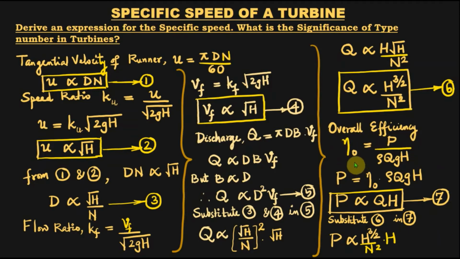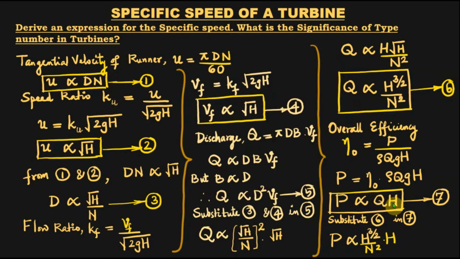See, the overall efficiency eta naught is equal to shaft power by water power, that is eta naught is equal to P by rho Q g H. So what is shaft power P? P is equal to overall efficiency eta naught into rho Q g H, in which eta naught, rho and g are constants. So when you convert this into a proportionality, you will get P is proportional to Q and H. Q and H are the variables.